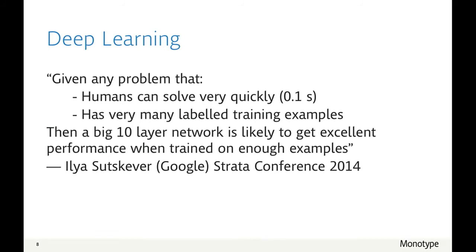Next, I want to share some inspirational quotes that emboldened me to go ahead and do some of these things we've done. This is an old one, 2014, still one of my favorite quotes. I was in Santa Clara at a conference, and Ilya Sutskever gave a talk, and he said that a 10-layer neural network, and by the way, today we routinely build much, much deeper networks, if we have enough labeled training examples, should be able to, most likely, solve any problem that we can solve in 0.1 seconds.